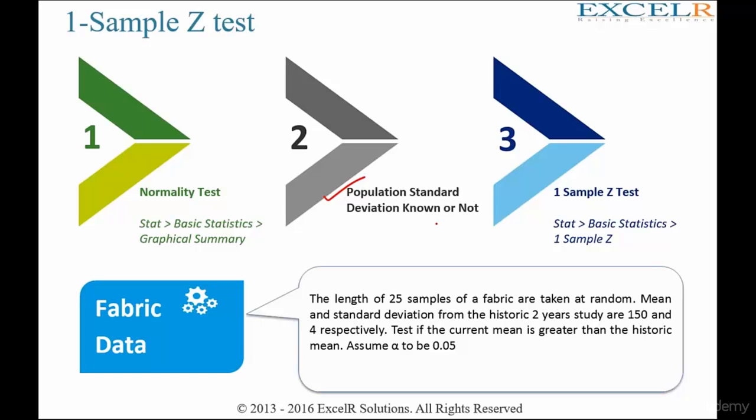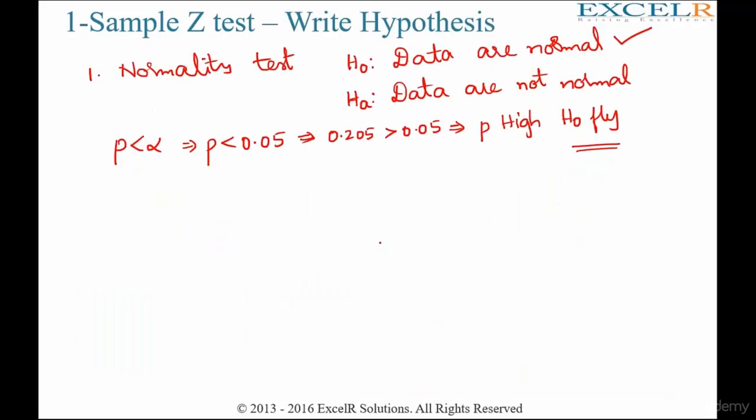If the population standard deviation is known, we need to proceed with one sample z-test. In this one sample z-test, the navigation is provided. Even for normality test, navigation of Minitab is provided. So the second thing is we need to perform one sample z-test.